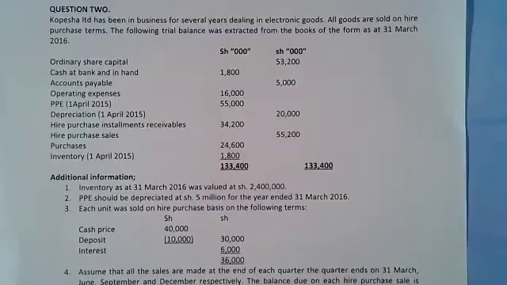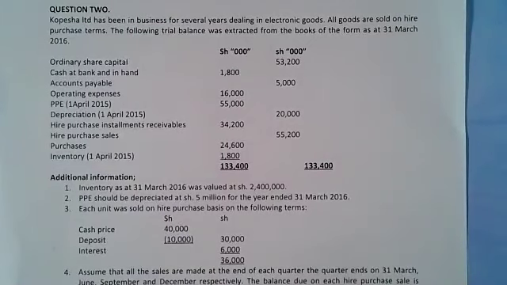All goods are sold on hire purchase terms. The following trial balance was extracted from the books of the firm as at 1st March 2016. So you have the ordinary share capital, cash at bank and in hand, the accounts payable, operating expenses. We have the PPE, depreciation, hire purchase installments receivable, hire purchase sales. Then we have the purchases and we have the inventory.